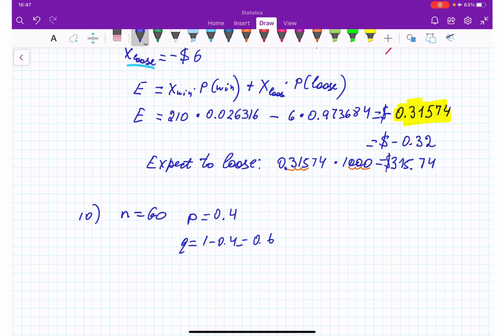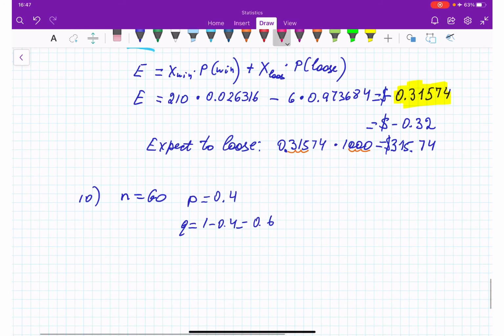So the mu, which is the average for the binomial, is equal to n times p, which means we take 60 times 0.4 and we are getting 24.